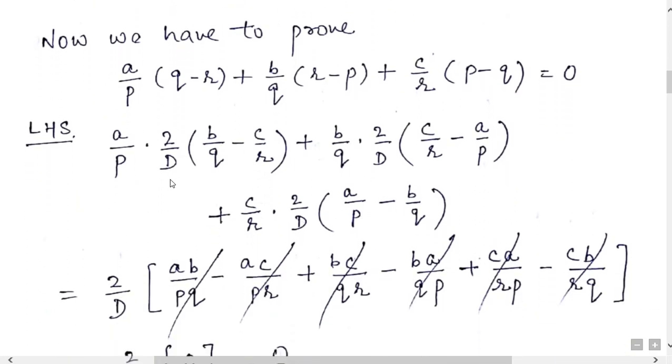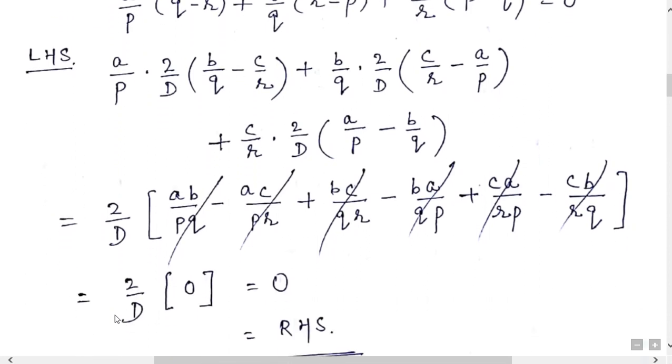Now some terms are common inside this. It's 2 over D, nothing else. Taking 2 over D common. Now what about these values? AB over PQ, AC over PR. Similarly, I multiply all the values: AB over PQ, AC over PR, BC over QR, BA over QP, CA over RP and CB over RQ.